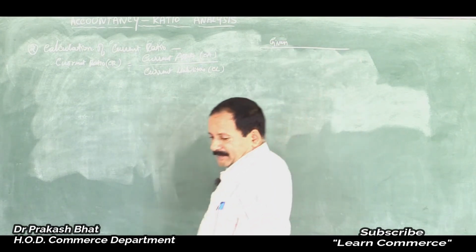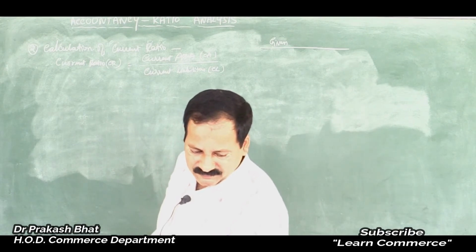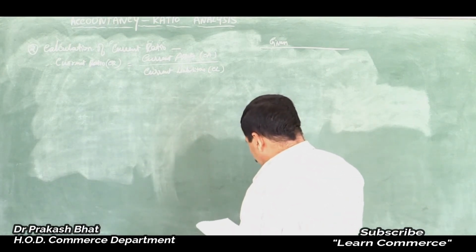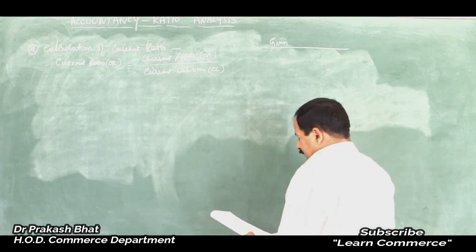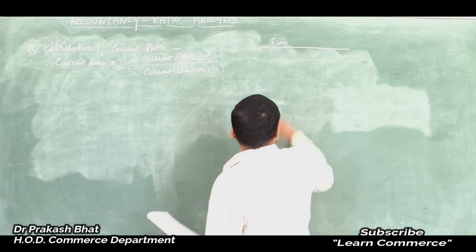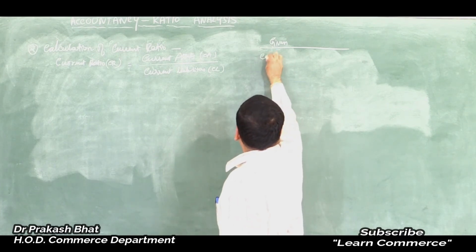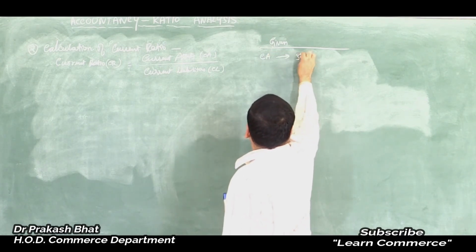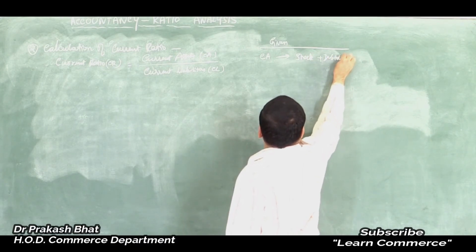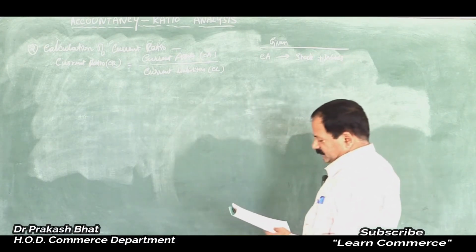You take one by one, right? Yes. Current ratio, under that is current assets. What are the items you will take? You will take stock plus debtors, right here. Current assets: stock plus debtors, isn't it?